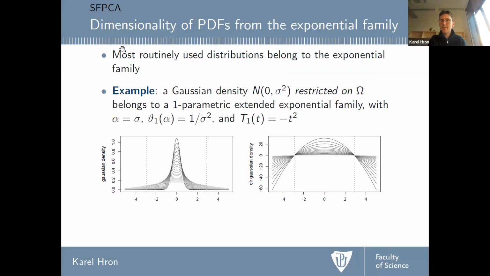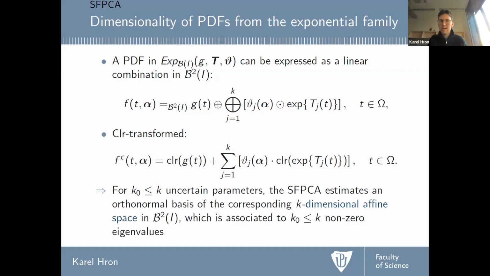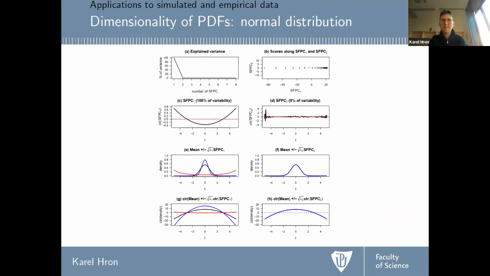So like here, when we have our Gaussian densities, we considered one parameter to be variable. So in fact, we have a one-parametric extended exponential family. And we do not need to proceed directly in the Bayes space, but we can also use the CLR transformation and then analyze again densities as real functions, but keeping in mind that they live in a finite dimensional subspace of the Bayes space.